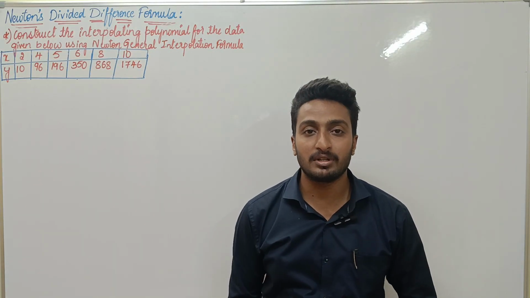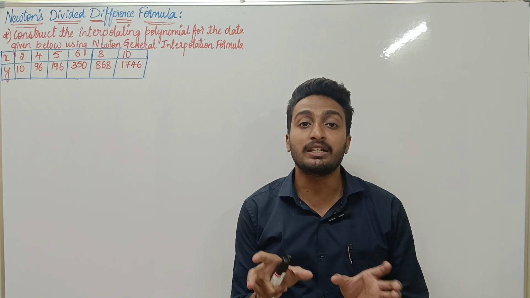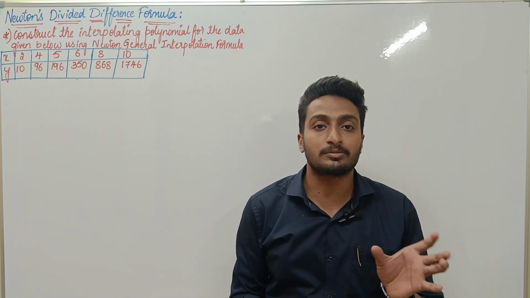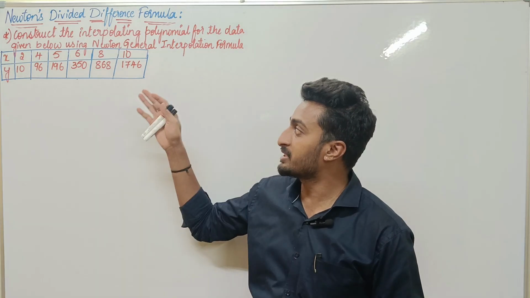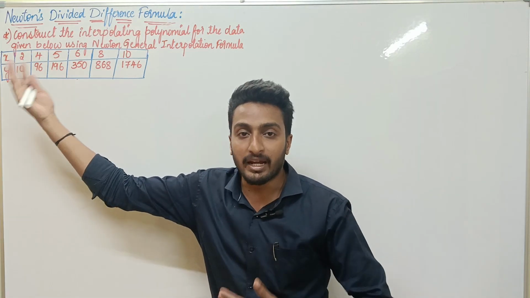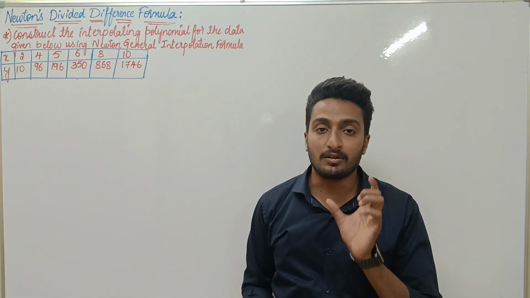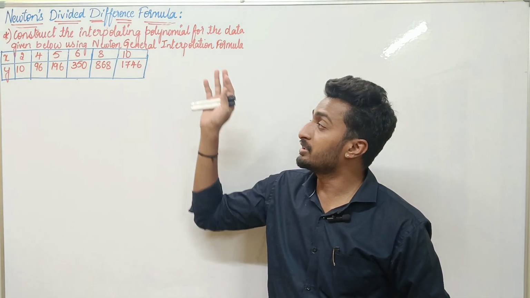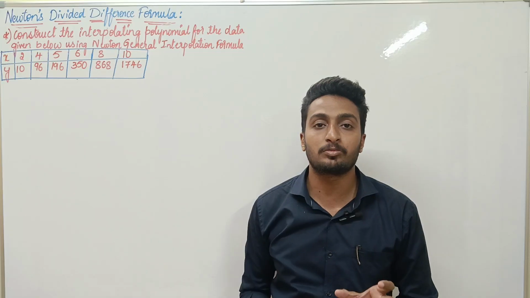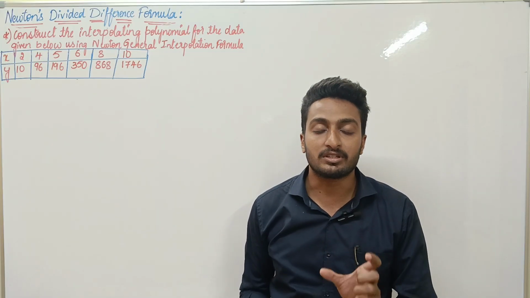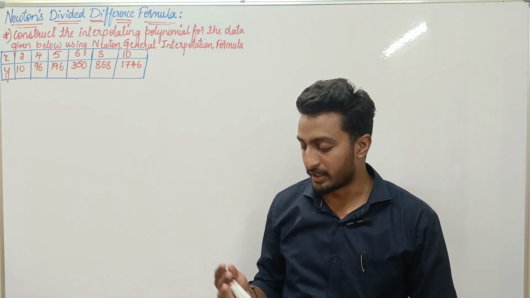What does this polynomial represent? I need to represent an equation or function with respect to x, so that I can substitute any value and get the solution with respect to y. Always remember, if you get any polynomial function or equation, we are supposed to represent the function with respect to x.